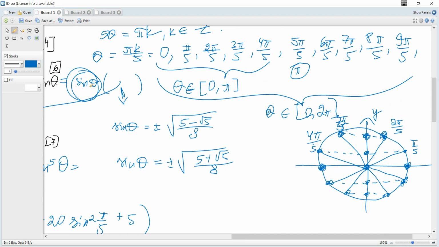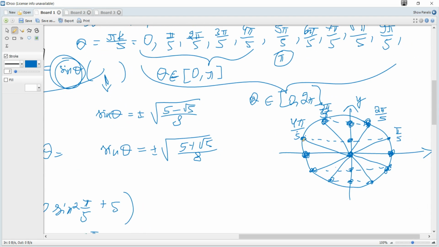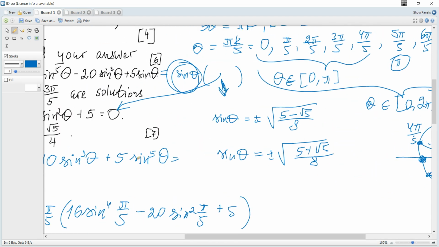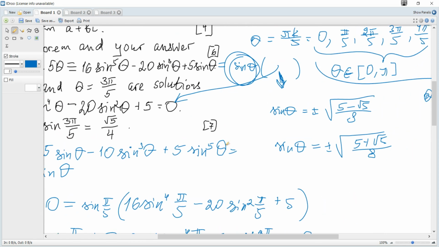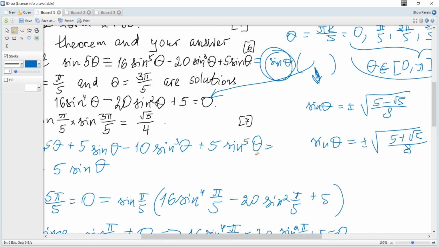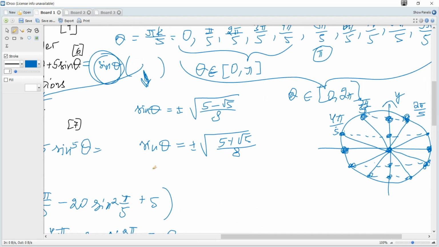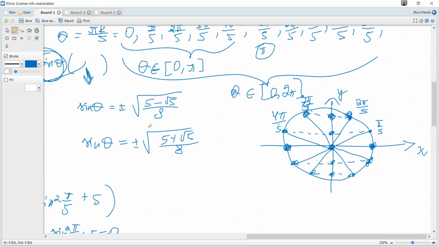This sine gives roots 0 and pi, and this gives, since it's an equation to the power of 4, like a polynomial of degree 4 if we denote sine to be t, so we get 4 values of sine.